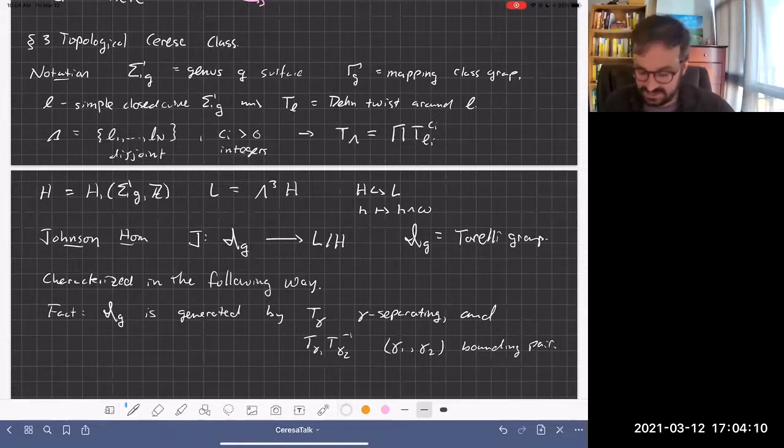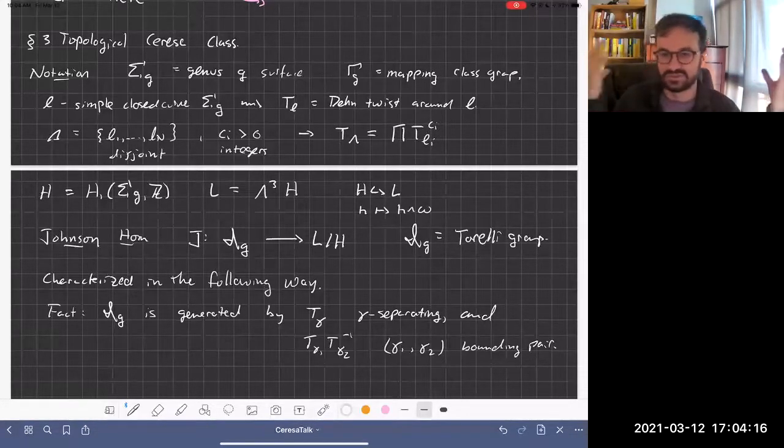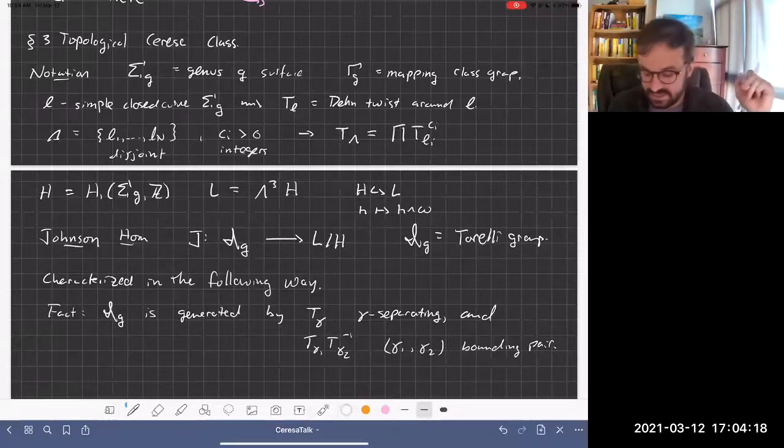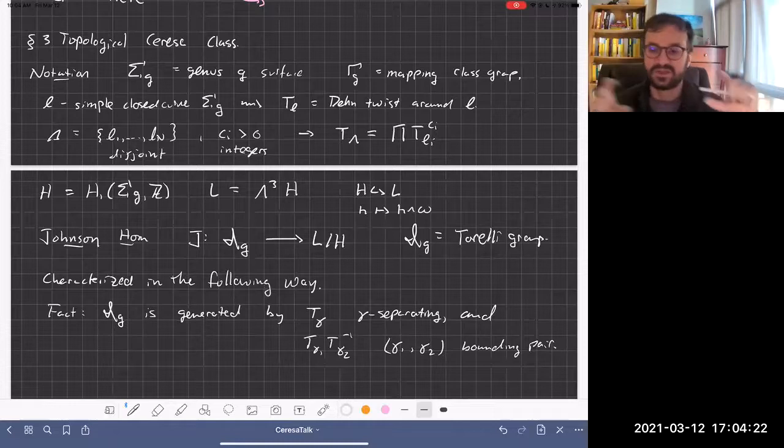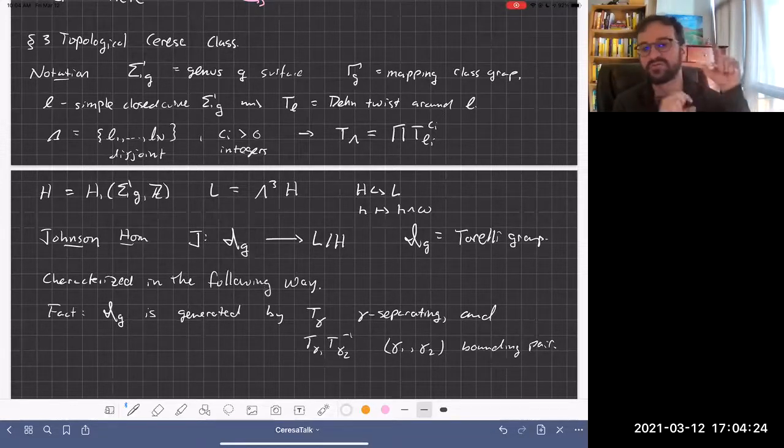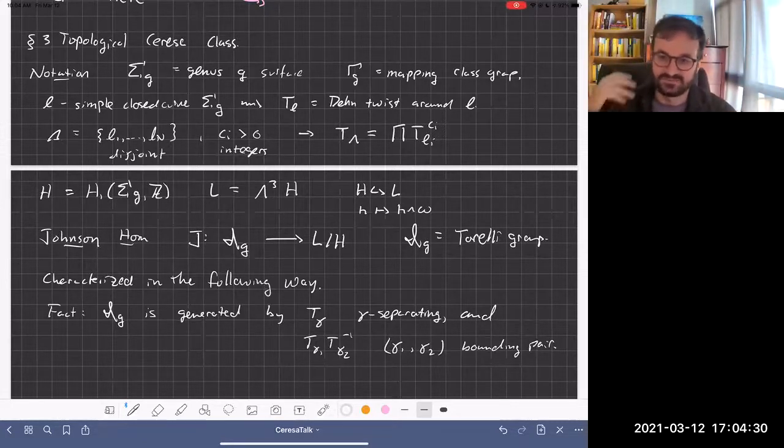A separating curve gamma just means that if you cut along gamma, it separates the surface into two surfaces. A bounding pair is two non-separating curves, but when you remove both of them from your surface, the surface splits into two pieces. In graph theory language, this is analogous to a bridge and a separating pair of edges.